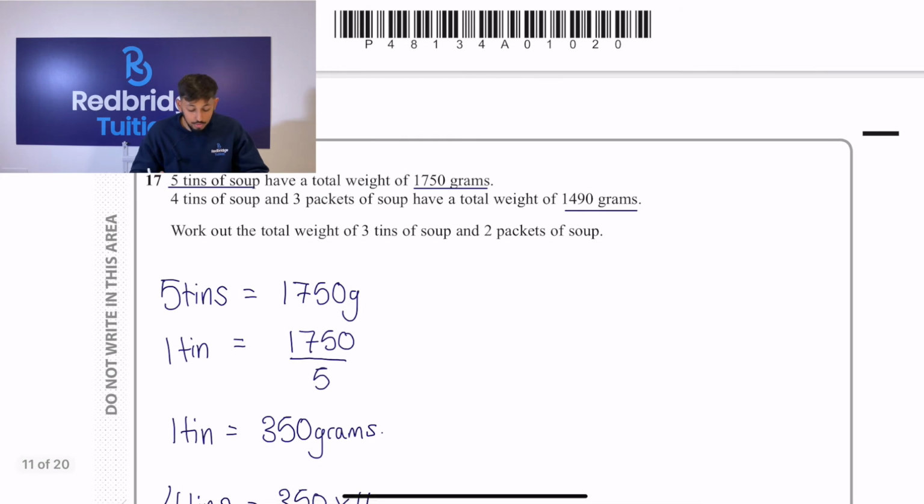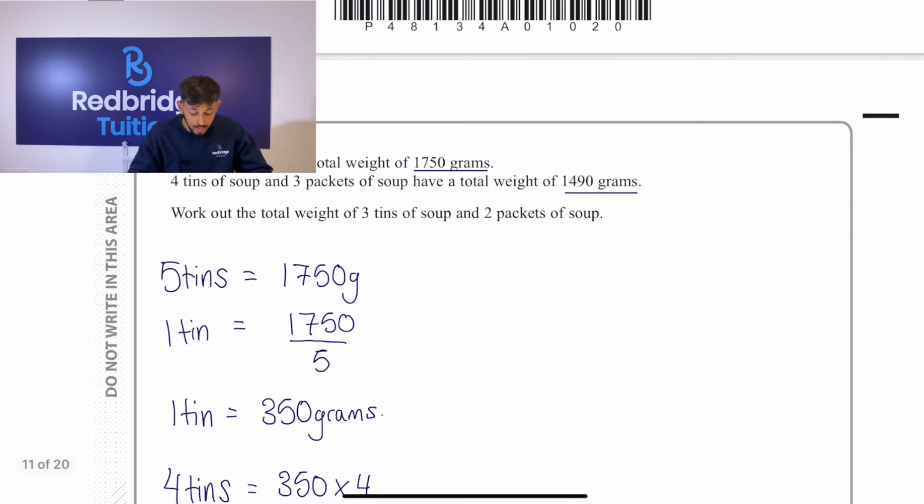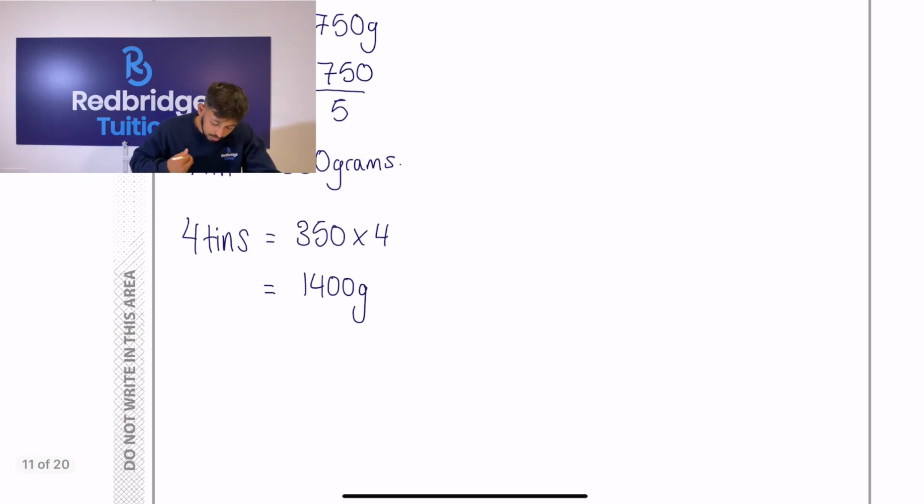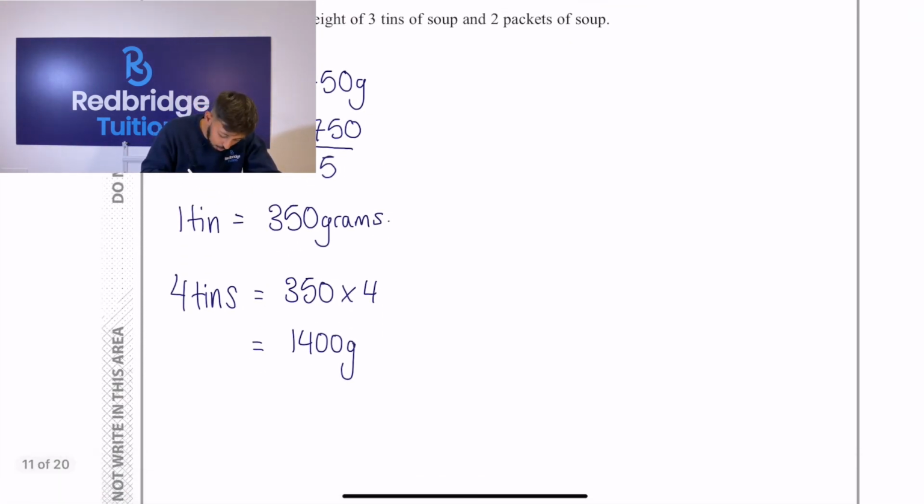With the addition of 3 packets of soup, we would have a total of 1,490 grams. So the way that we're going to work out the weight of 1 packet is by subtracting 1,400 from 1,490, and this will give us the total weight for 3 packets of soup, which is 90 grams.